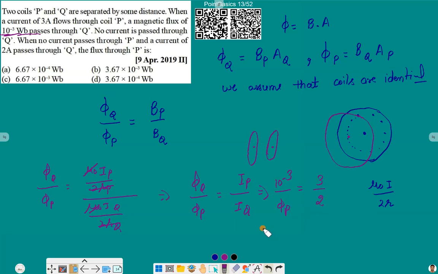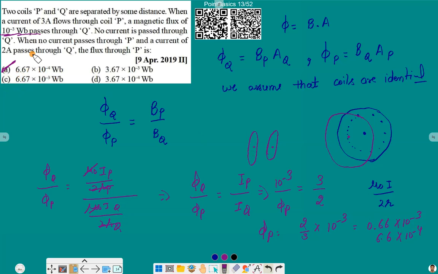So phi P, flux in P will be 2 by 3 into 10 raised to the power minus 3, that will be 0.66 into 10 raised to the power minus 3, or 6.6 into 10 raised to the power minus 4. So that is option A for us.